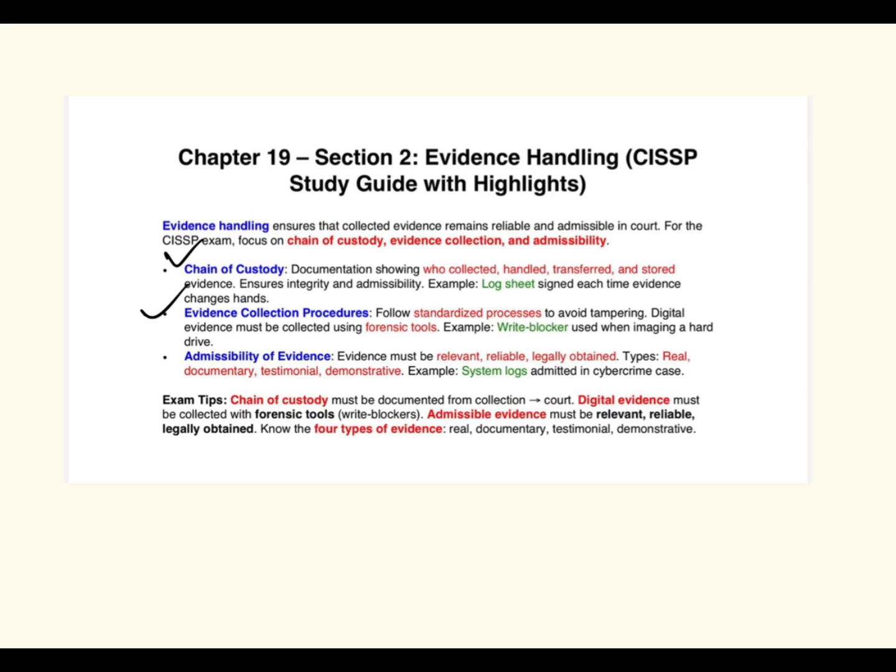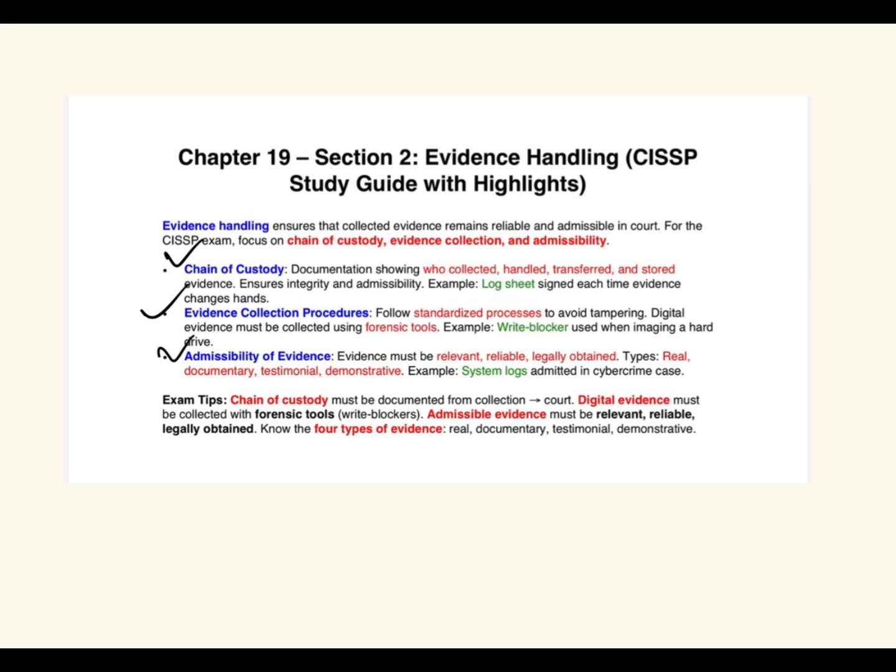An investigator uses a write blocker to prevent accidentally altering the suspect hard drive. It could be accidental or intentional. So, CISSP exam tip: digital evidence must be collected in a forensically sound manner.